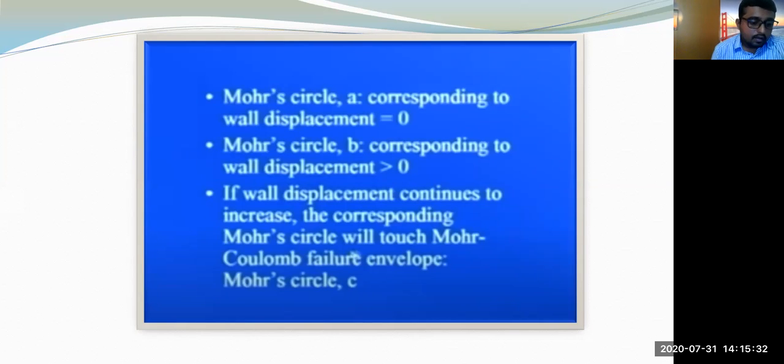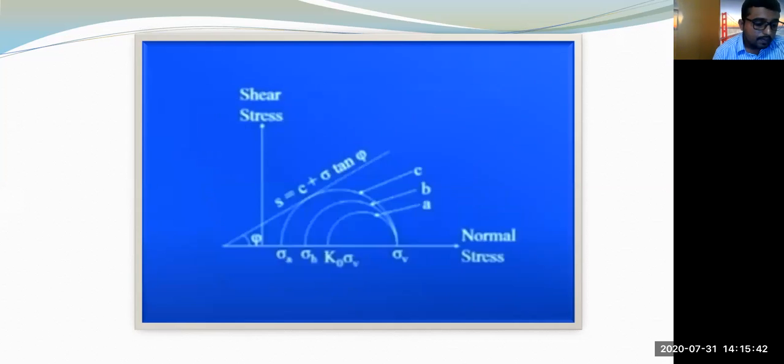I will repeat that the first Mohr circle corresponds to sigma V and the lateral earth pressure at rest condition, that is when the wall displacement is 0. As the wall displacement increases, the wall is moving away from the soil.